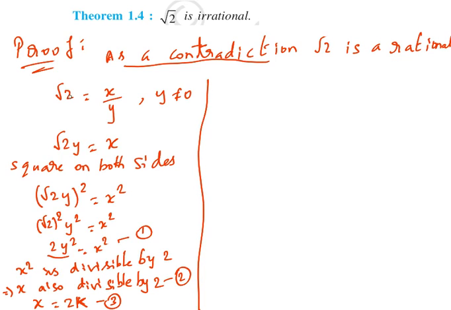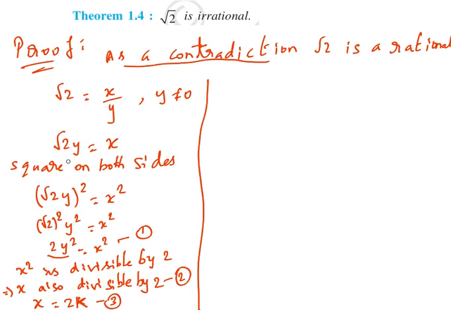So what have we taken? Root 2 is an irrational number, but now as a contradiction we are considering that root 2 is a rational number. In that case, we can write it in the form of p by q, that means x by y. So root 2 equal to x by y.